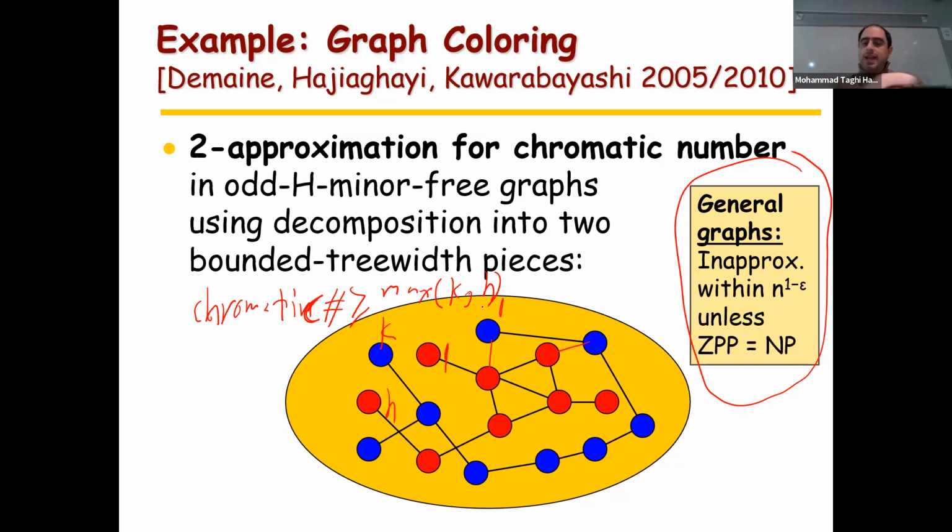What is the one that we can get? We can get K plus H. Why? Because for the first one, you are just using colors 1 to K. For the other one, you use K plus 1 to K plus H. So these are the colors that you are using.